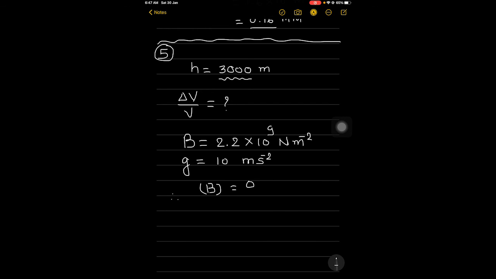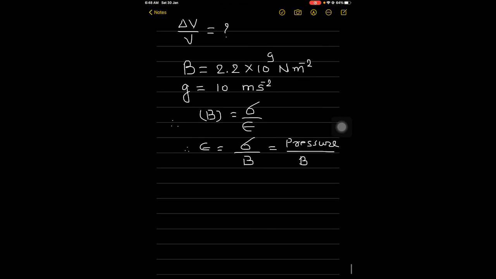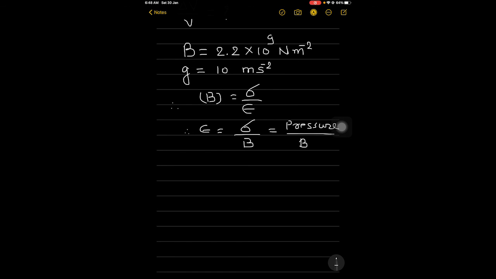So that can be written as stress over strain, but here it is about volume. So epsilon is equal to sigma over bulk modulus. Now this stress will be pressure here. So epsilon is pressure over bulk modulus, and for the given condition, pressure is nothing but rho g h over the given bulk modulus.